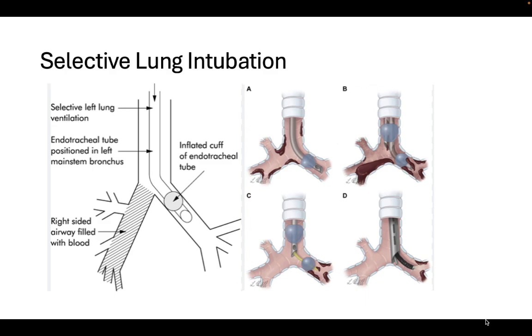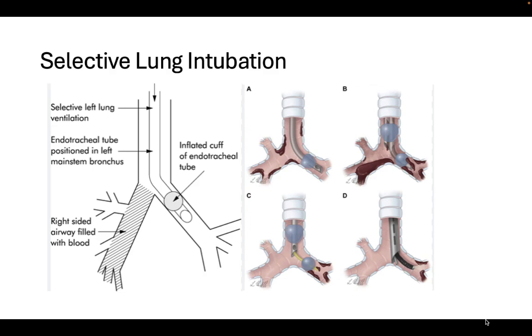Here we also have visualization where you can see, for example, in image D, there's a rigid bronchoscope that's used, and you can see there's a tool, probably some type of balloon or blocker, that's coming out the tip, as well as a flexible bronchoscope.